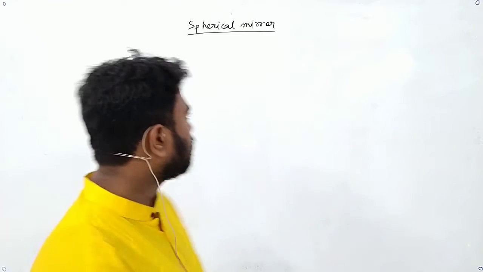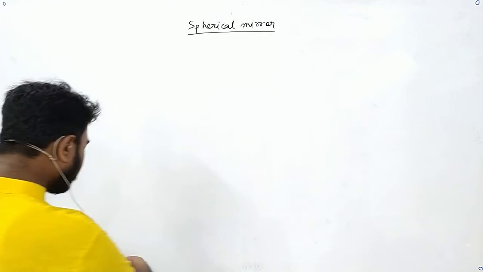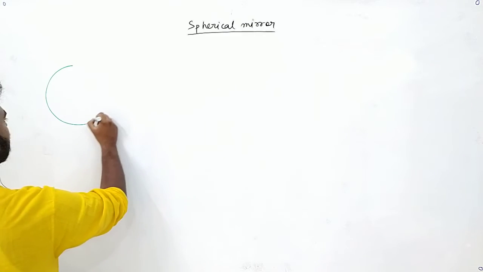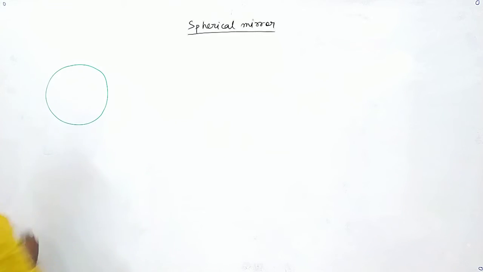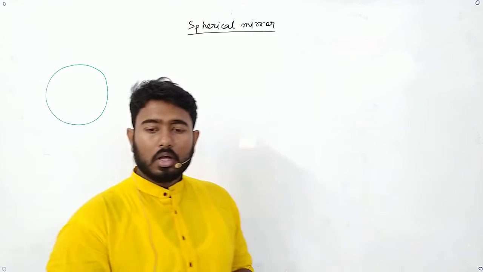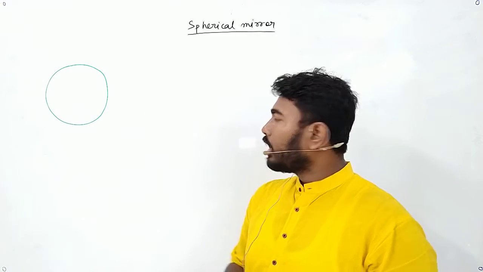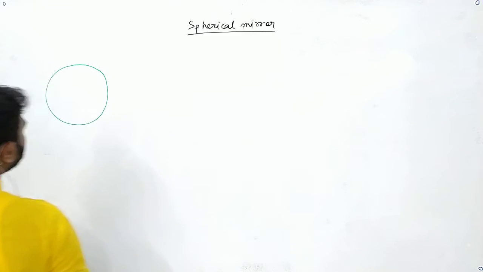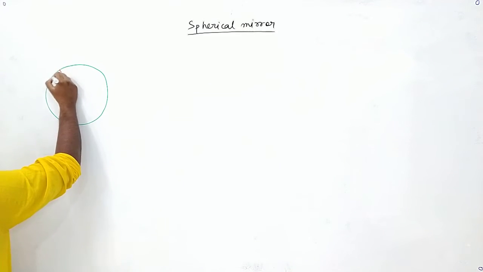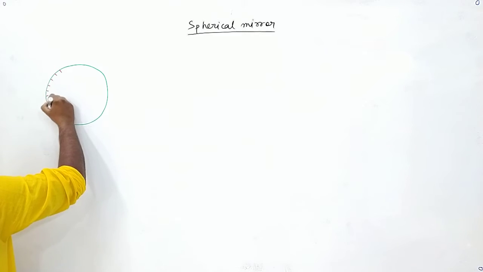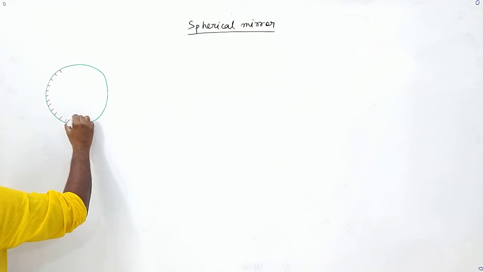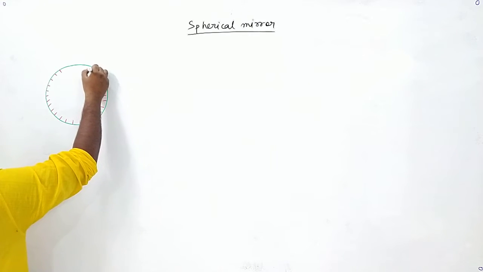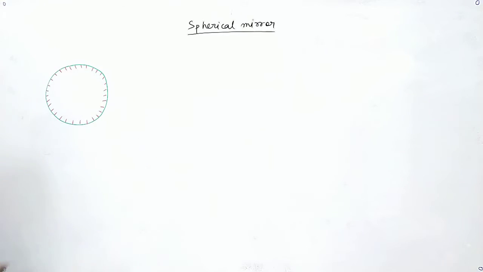Okay, suppose I take a sphere. Now I can do two things. First, I can shade the inner portion of the sphere. Can I do that?